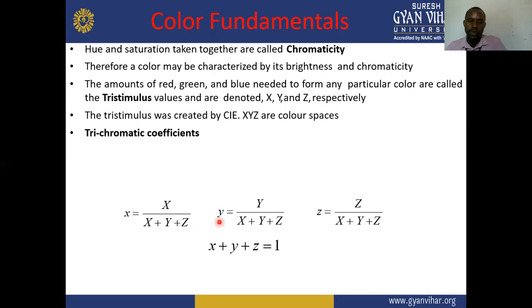The coefficient y is given by y divided by x plus y plus z. And the coefficient z is given by z divided by x plus y plus z. Hence, we can say that the sum of the coefficients x plus y plus z is equal to 1.